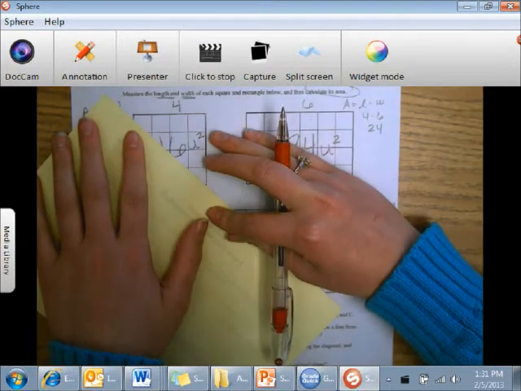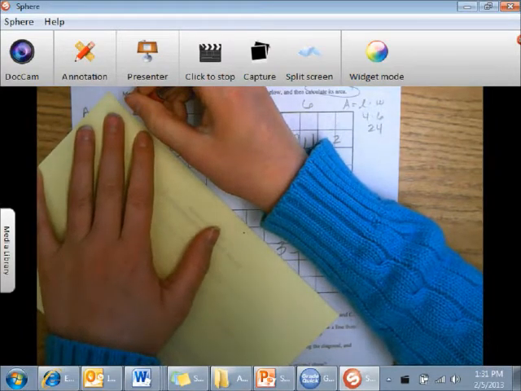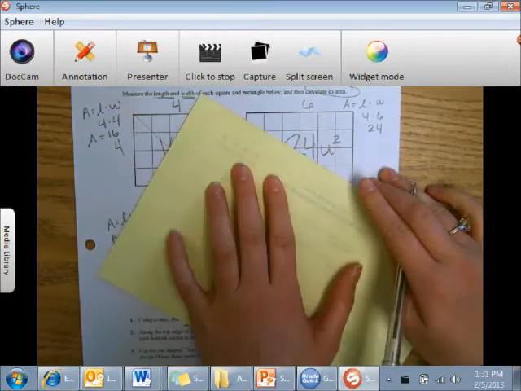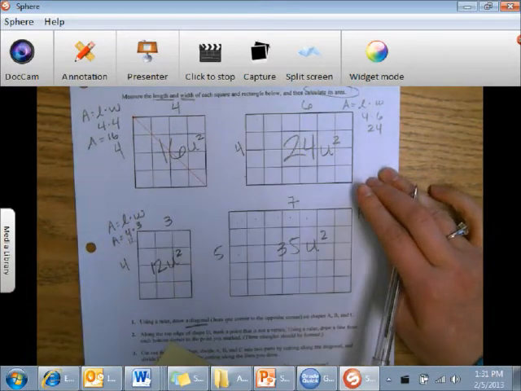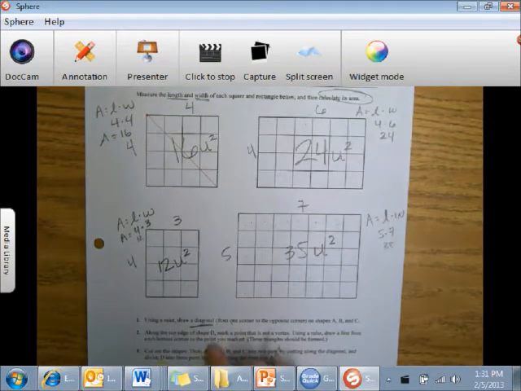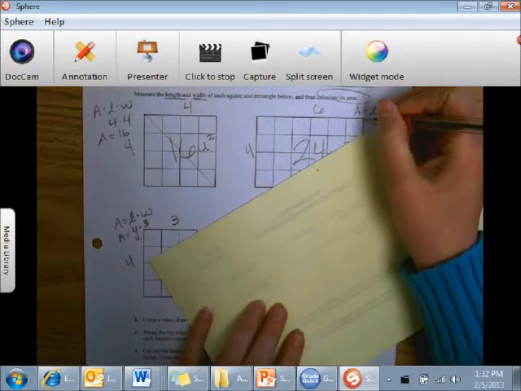So I'm going to line up my corners. And there's one. So it should look like that. Now it said from one corner to the opposite corner. So could I start up here?